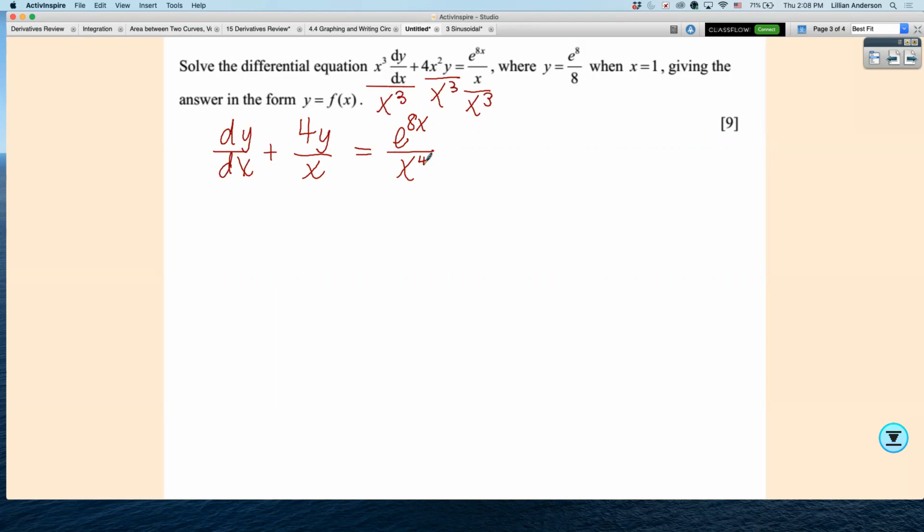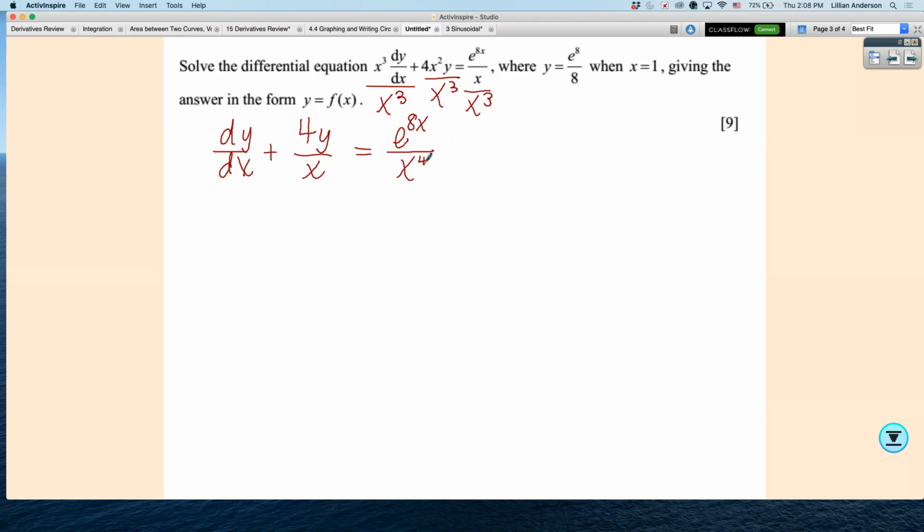Make it 4y over x. So you're saying this is a homogeneous one? That's what I'm thinking about. Okay, some did homogeneous, some did integrating factor.